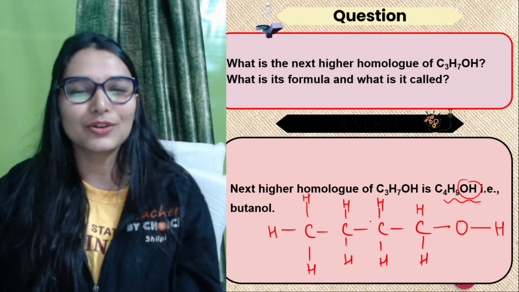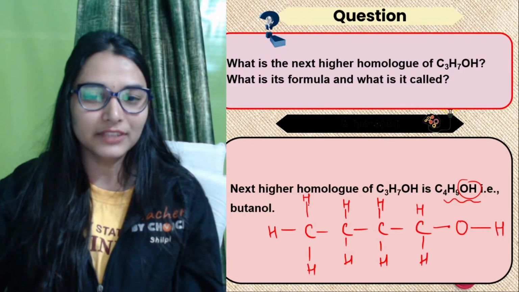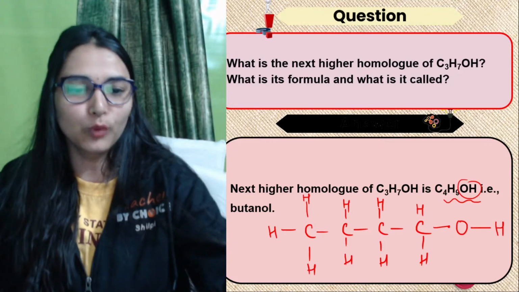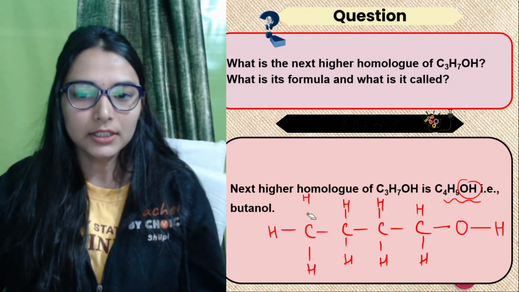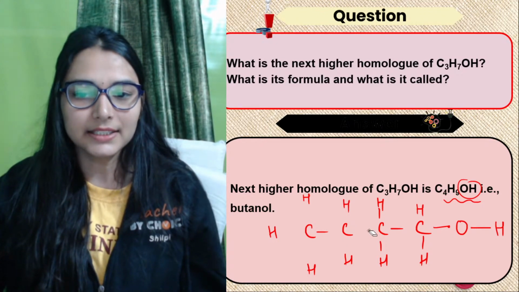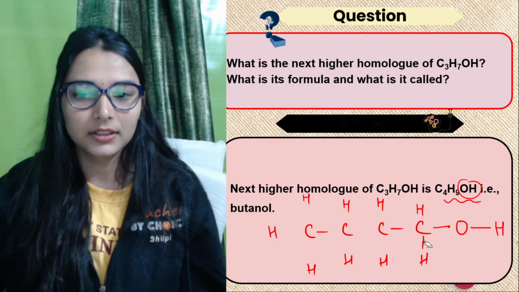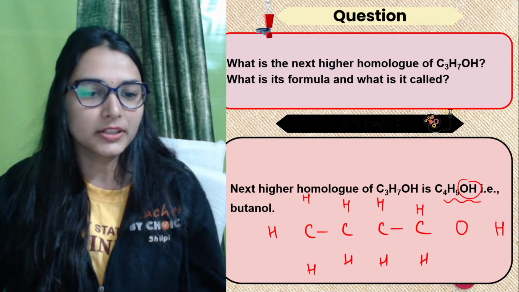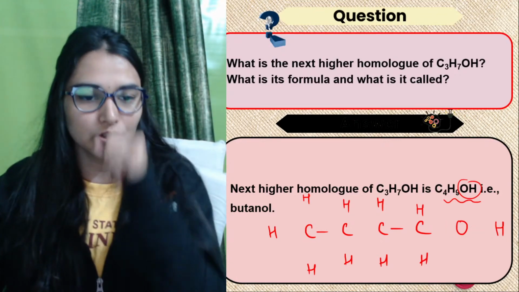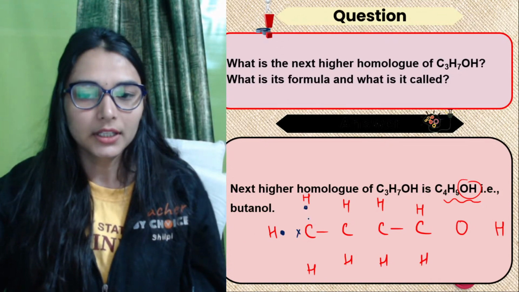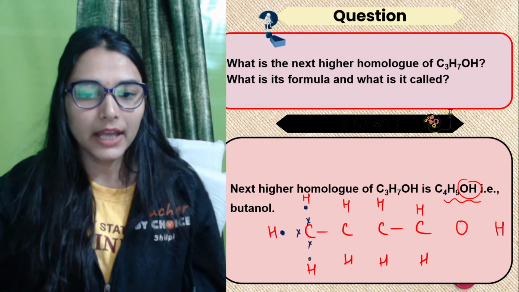Now how will you draw the electron dot structure? Instead of these bonds, you can simply show the electrons. There is a single covalent bond here, so remove these bonds and instead show the electrons, the valence electrons of each atom. Hydrogen is sharing 1 electron with carbon, here 1 electron with carbon, and here also.